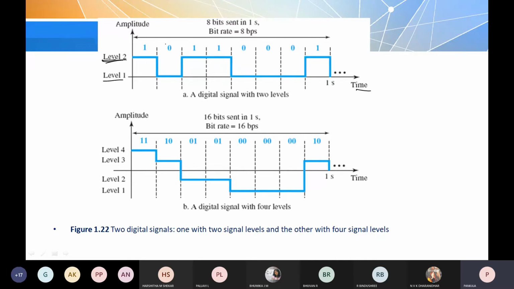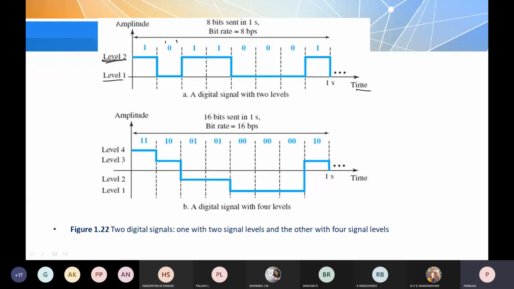That means I am representing bit 0. Then you can observe, if I have bits 1 1, the voltage is continued for these two cycles, then 0 0 1. Here you can observe how many bits are sent: it sent 8 bits.